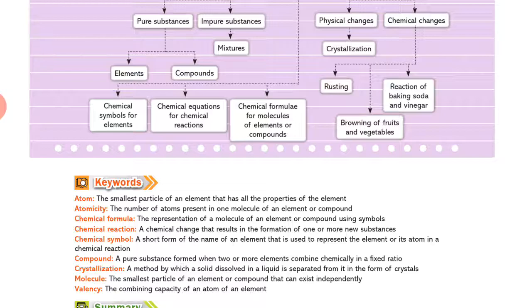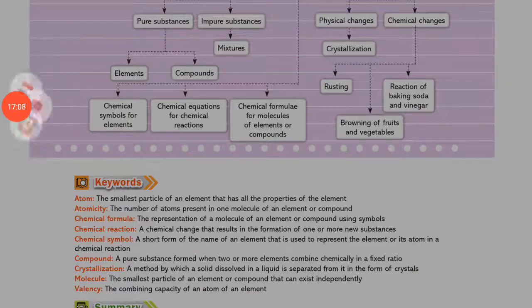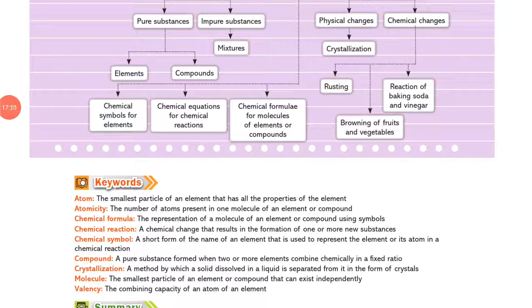So dear students, in this way we are able to wind up chapter number 4, that is chemical and physical changes. Revise the chapter properly and also do the revision of exercise questions of chapter 4. You need to do MCQs, one word or one sentence question answers, answers in brief and answers in detail.